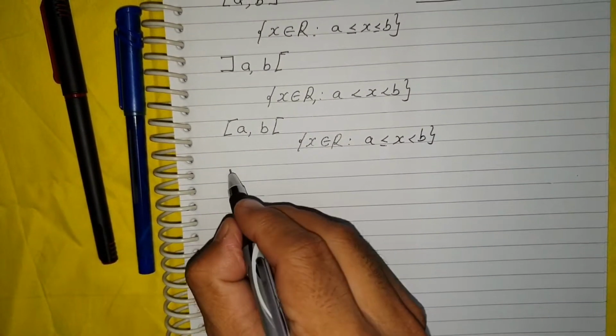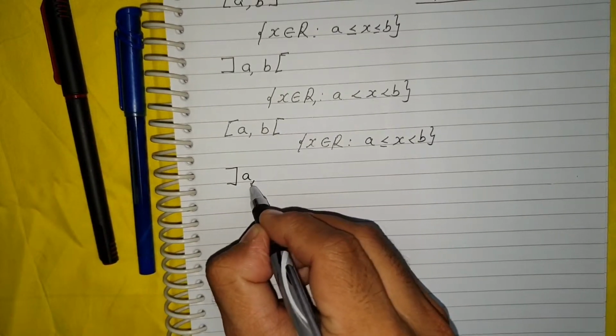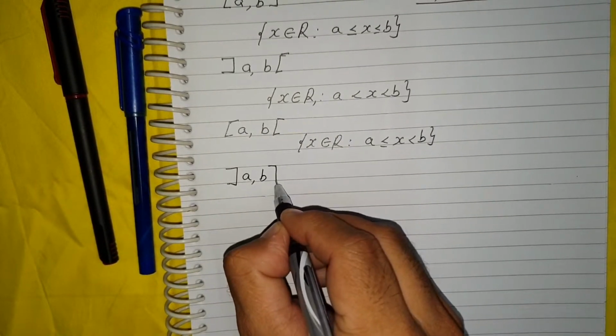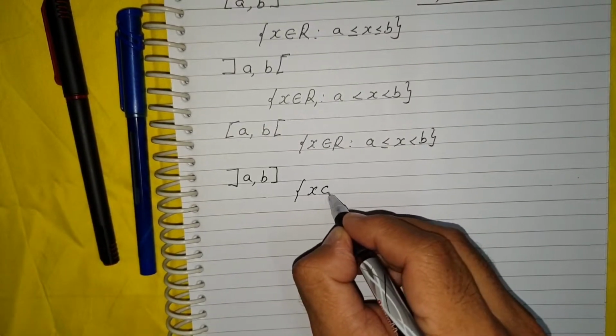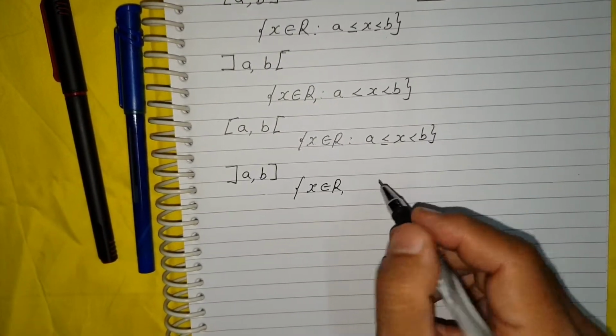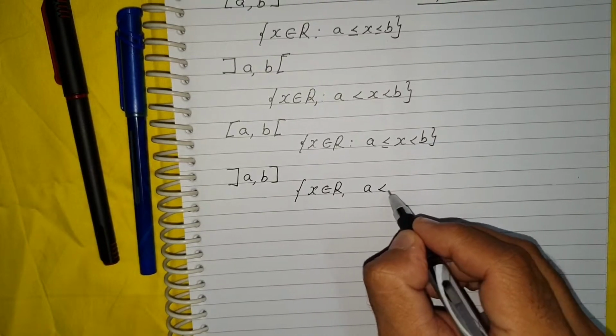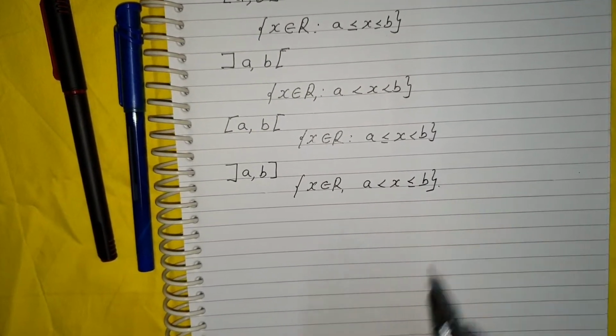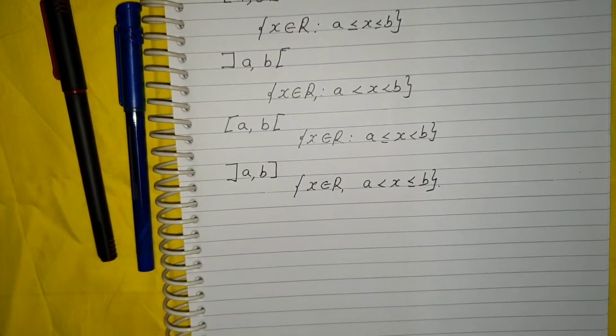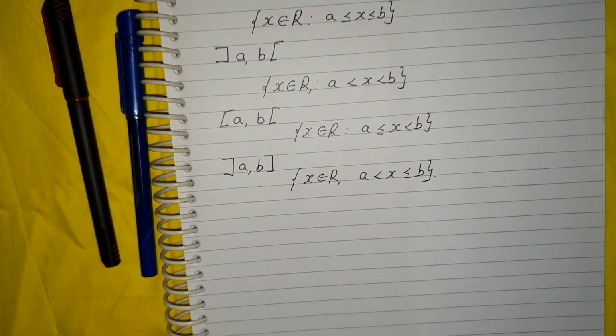The left half open interval is like (a, b]. Now this is written as x belongs to the real numbers, a is less than x, less than or equal to b. So these are the intervals.